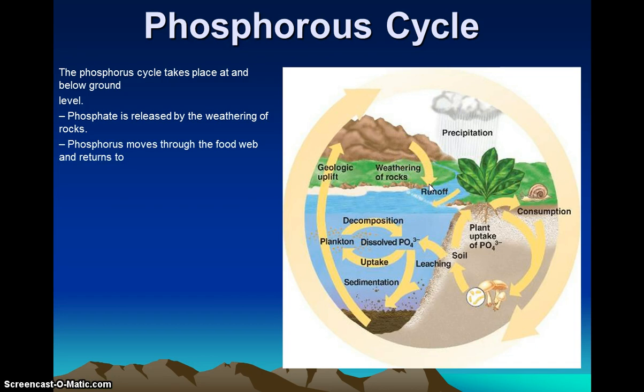Then phosphorus moves up through the food web and returns to the soil during decomposition. It is taken up through the plants' roots, then the plants get eaten, and then through decomposition it goes back through.